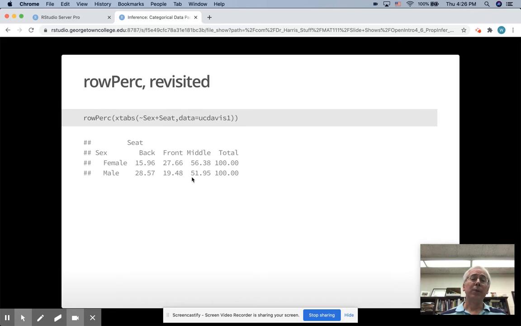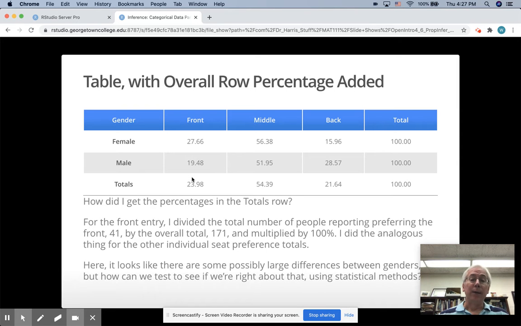But what I want to do is not only compute those row percentages, but I want to look at the row percentages for the totals, and I can add that into my data table as well. And so here again, I've rearranged things front, middle, back.